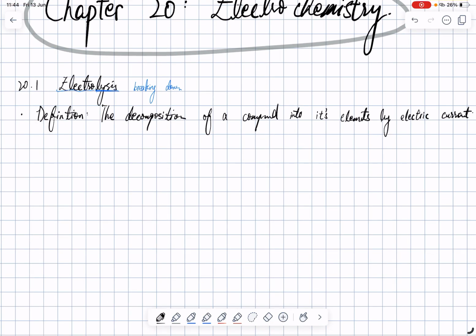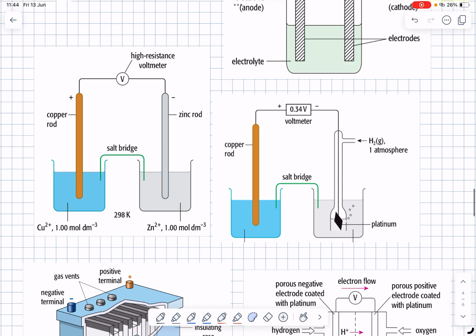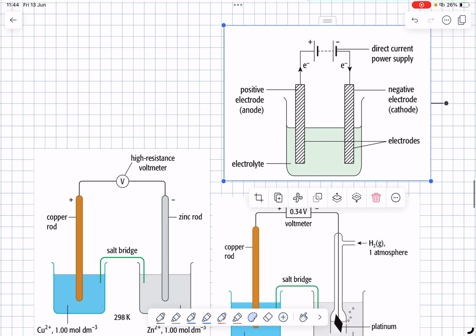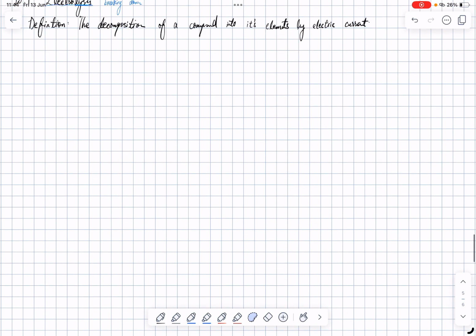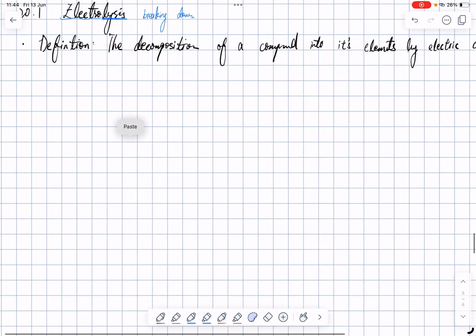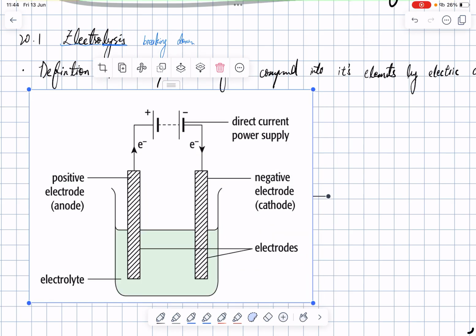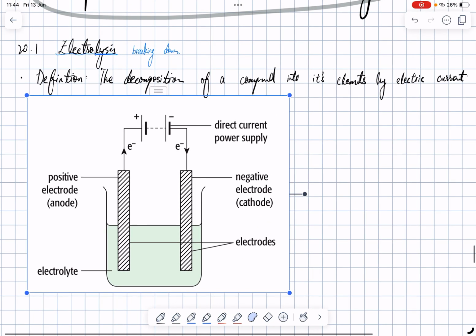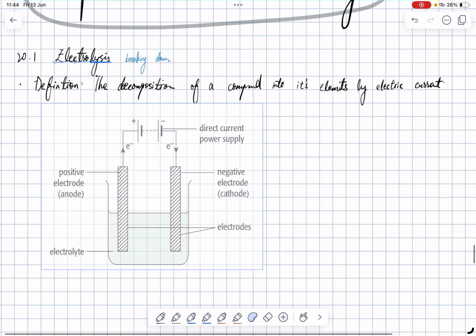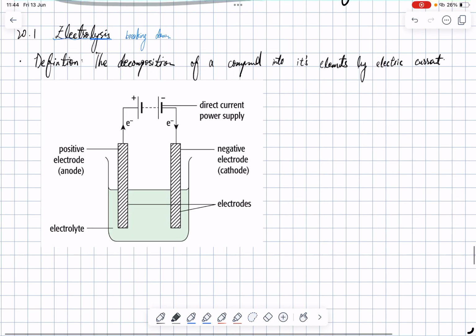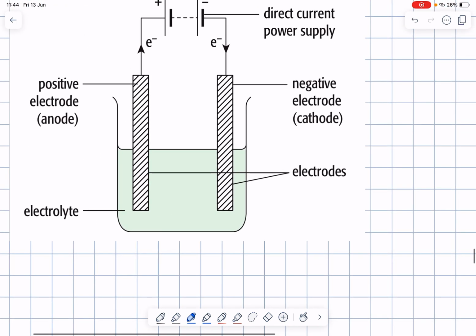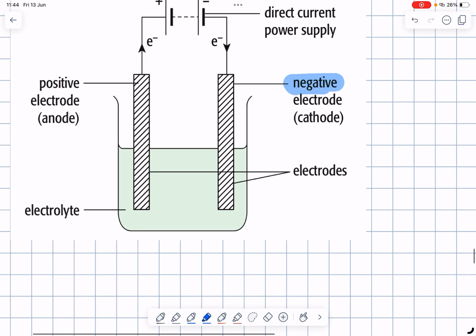And I actually found some very beautiful graphs for this. So for example, this is a good graph here. This is just a brief illustration for electrolysis, the apparatus we used for electrolysis. Here is the negative electrode, also known as the cathode.